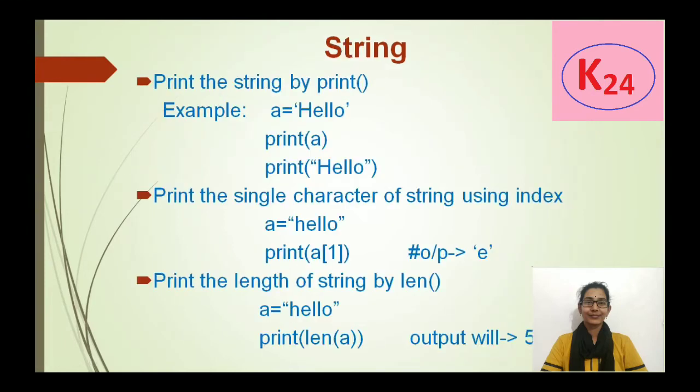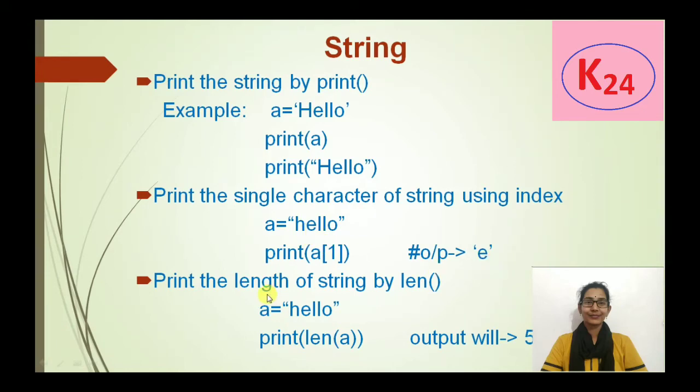Now any string can be printed by using the print function. In this we can pass the variable name, or we can also pass the string directly, and it will display the result. Suppose we want to print a single character using the index, then we use print of the variable and in square brackets the index.